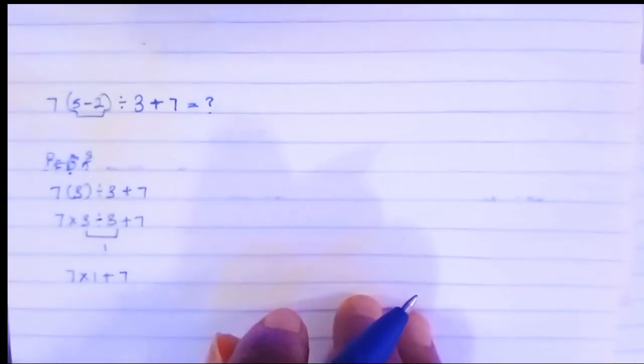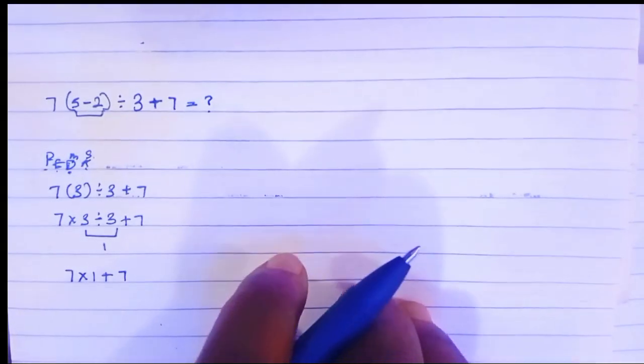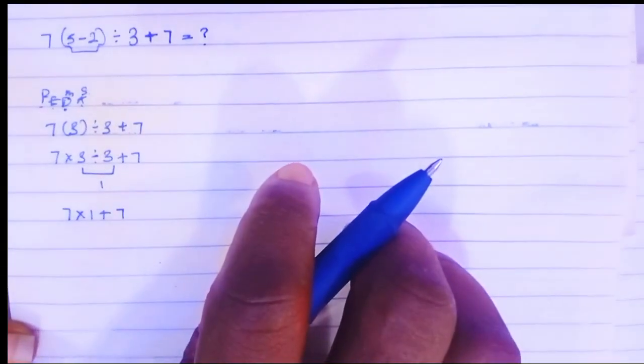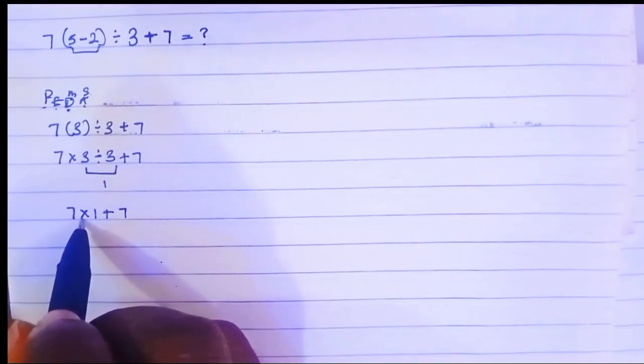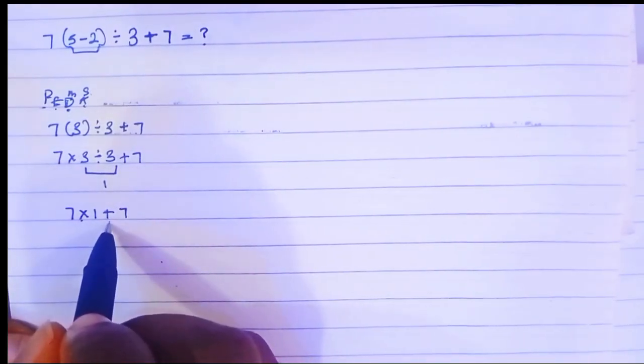All right, so we are going to go by saying 3 divided by 3, that is 1. So we have 7 times 1 plus 7, right? So here we are going to have again multiplication before addition.